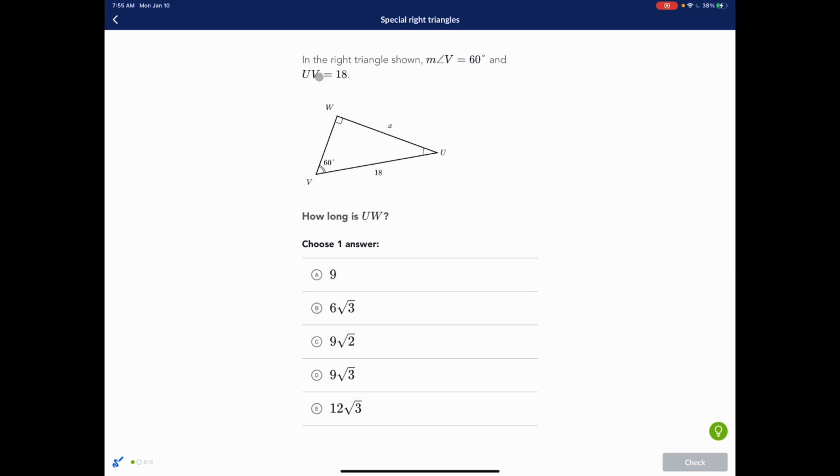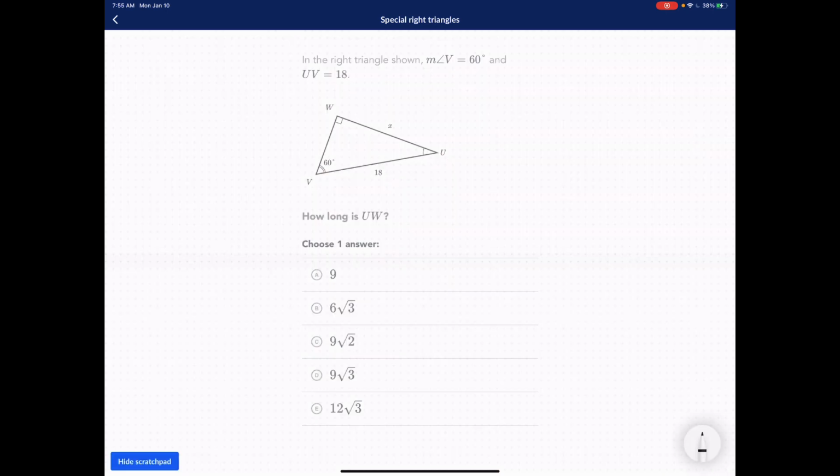We got another 30, 60, 90 because I know that's a 90, that's a 60. And I'm going to redraw this again, and the reason why is because it's all awkwardly placed. So I'm going to redraw this nice and big, right there.